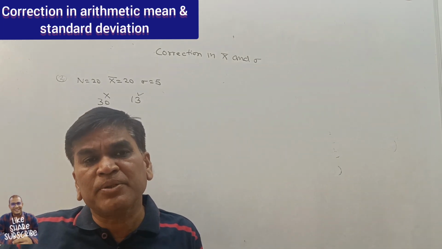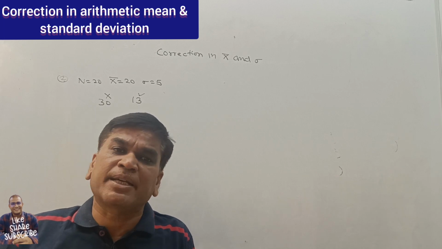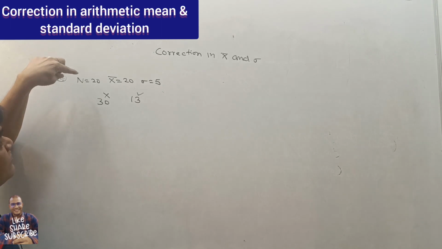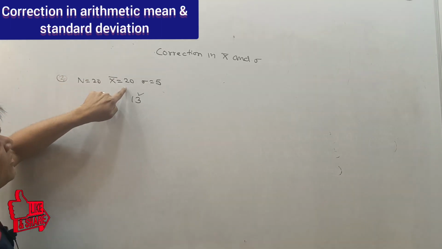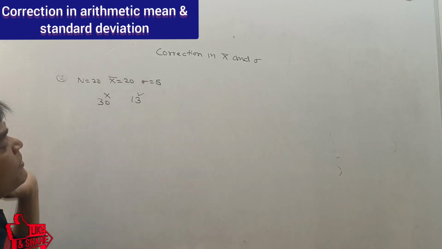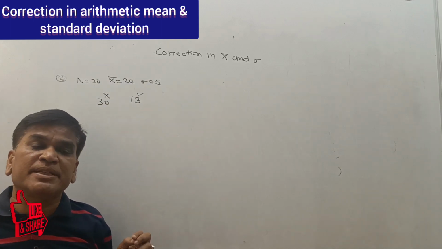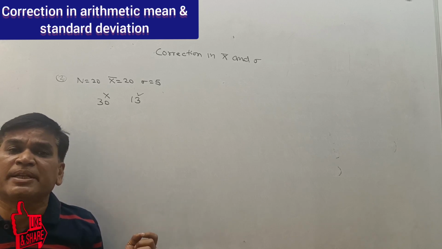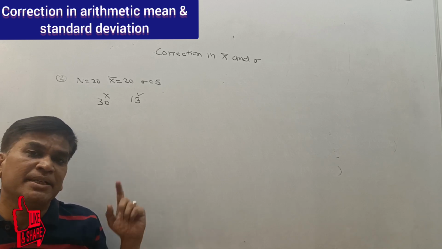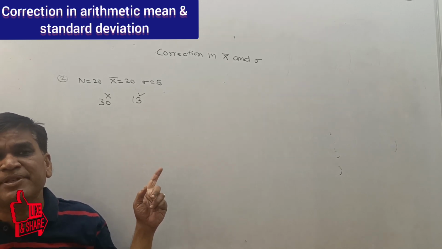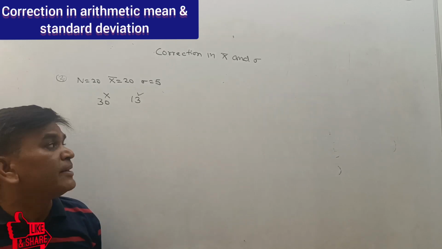So we have to calculate the correct arithmetic mean and correct standard deviation. Later it was discovered that the right value of that item was 13, misread as 30.